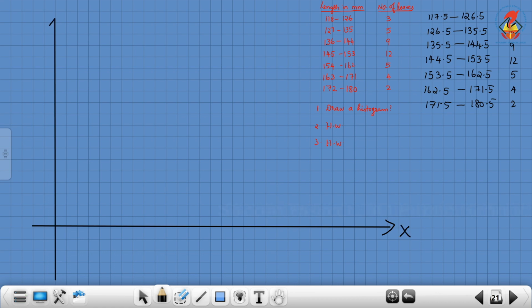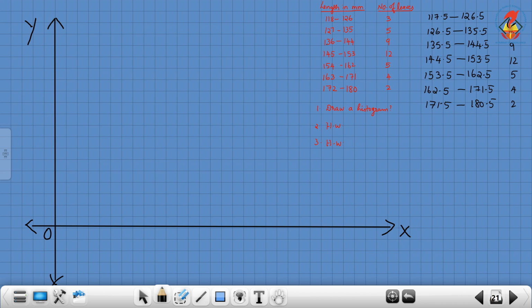Origin means 0. What is the first interval? Class interval 117.5 to 126.5. Class interval you should mark on the x-axis, frequency mark on the y-axis.